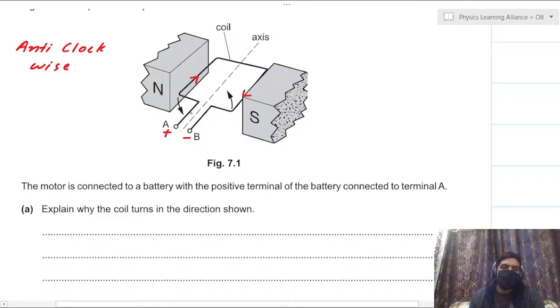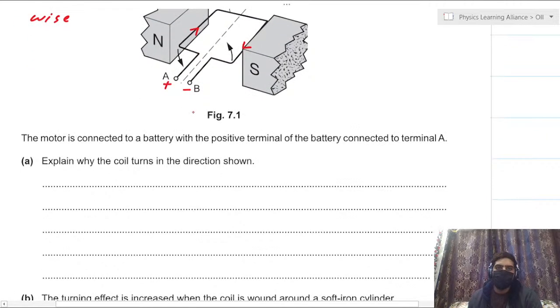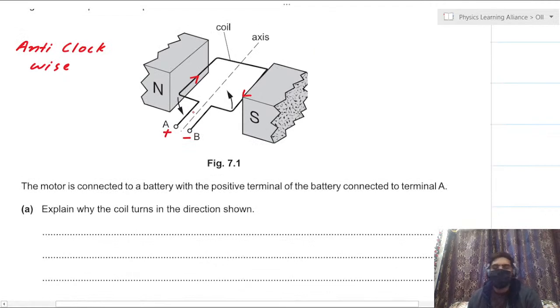So on the left side of the coil, a force X acts on the coil, and its direction can be calculated according to Fleming's left hand rule.